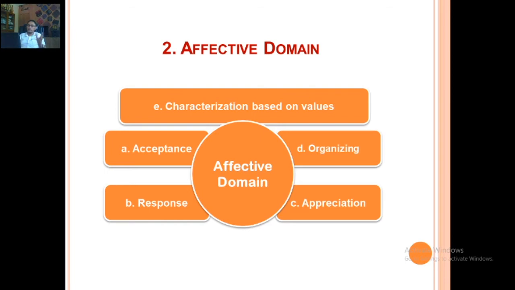And then appreciation, assessing or appreciation means that the student has the ability to select the value taught to the student. Student will not immediately accept the value taught to this student.